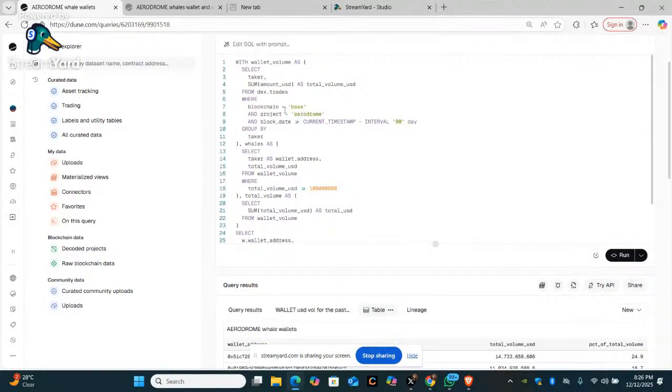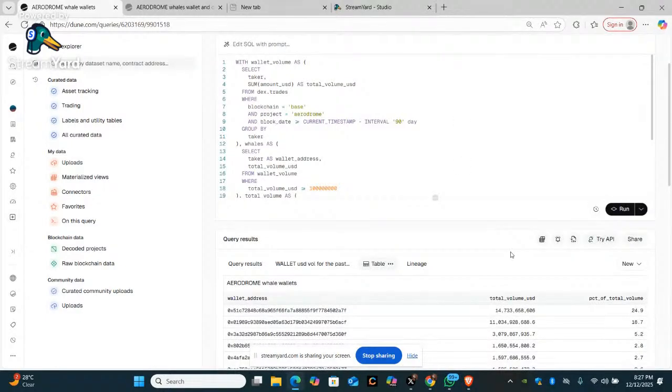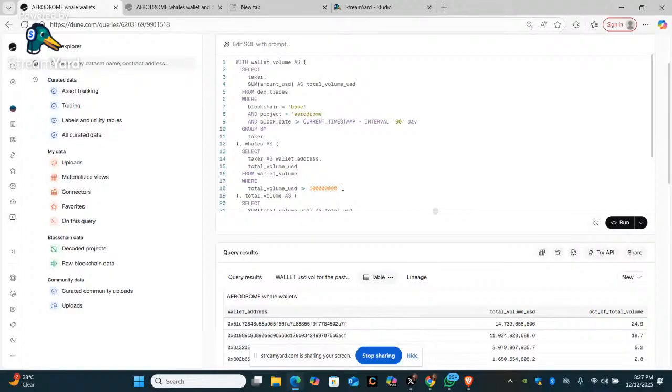So I did a 90-day backward count of the total USD volume that the whale wallets have done, and I made it to bring out wallets that have done over 100 million, or that have provided liquidity over 100 million. So, let me go back to my dashboard.